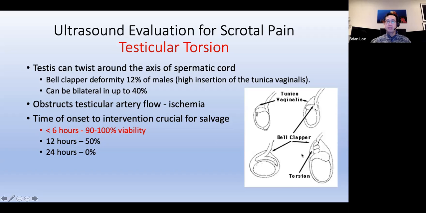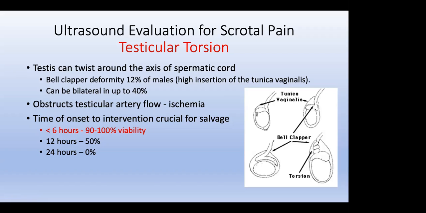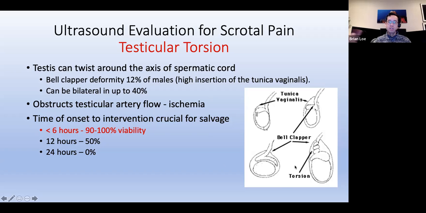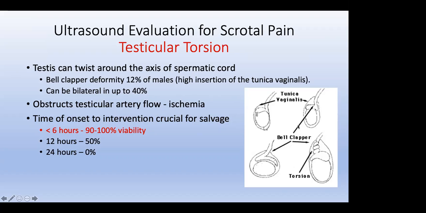Some people have this bell clapper deformity of the testis that can predispose them to testicular torsion, where the testis rotates on the cord. Up to 12% of males have this higher insertion of the tunica vaginalis that allows for this torsion.